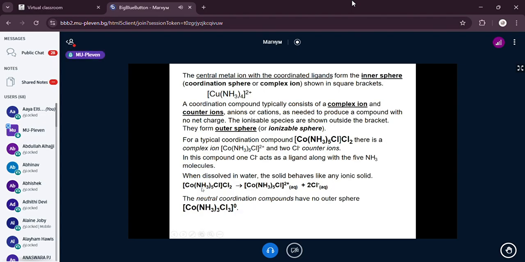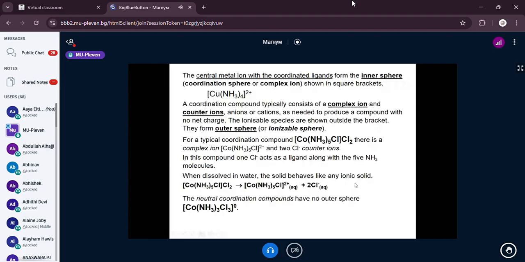What happens when we dissolve this compound in water? It dissociates into complex ion and counter ions, two chloride ions.